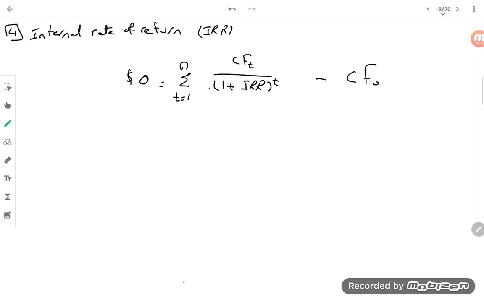So in this case, we have to find the value of the internal rate of return that will satisfy this equation, this condition. So in this case, the present value of cash inflows will be equivalent to the initial cash flow.